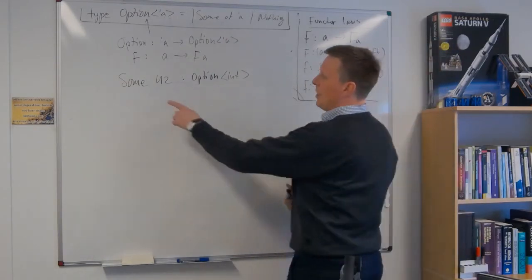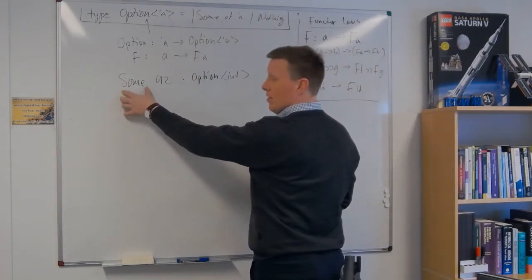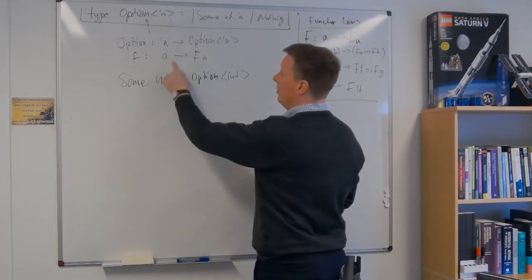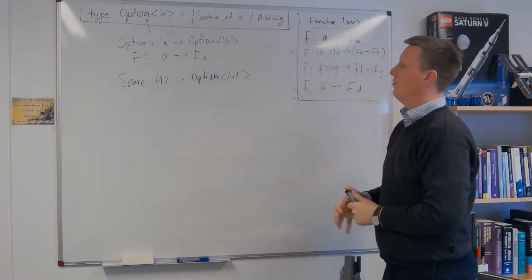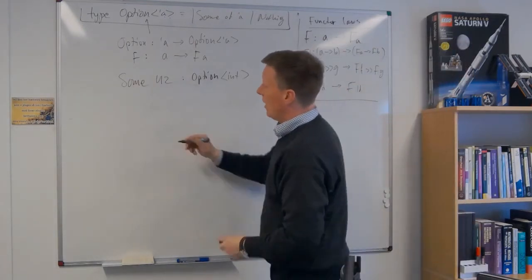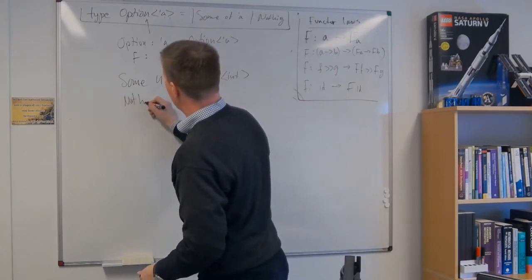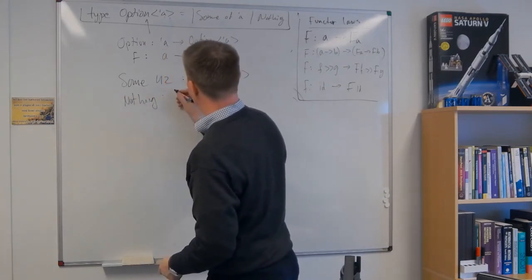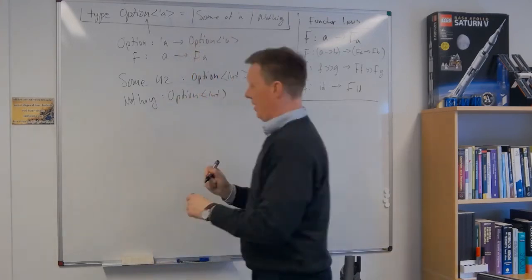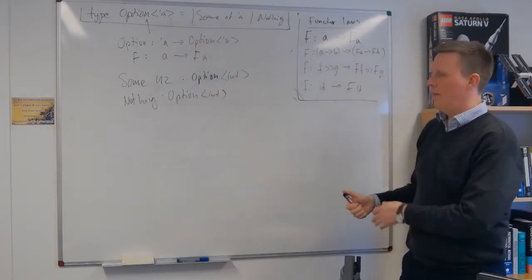So what happens here is that this Some is a function. It takes a type integer and creates the integer option type for me. And it also creates the data. And of course I can say Nothing and give it an explicit option int, and I can create the Nothing value of the int type.